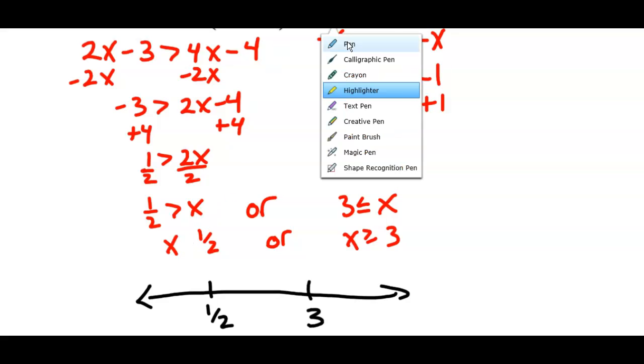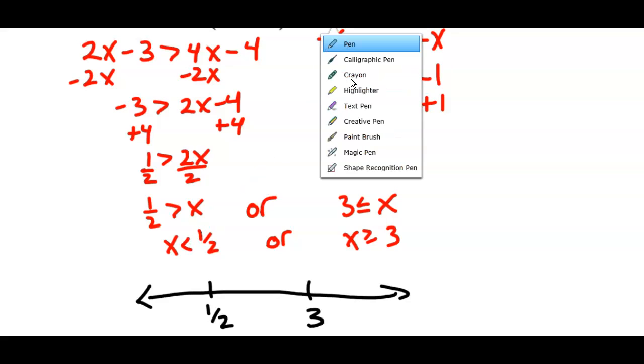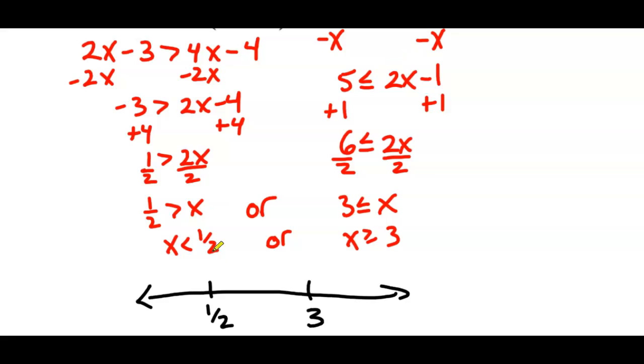And that is one of the disadvantages of rewriting it, in case you make that mistake. So we have x is less than 1/2, so shading to the left. And then x is greater than or equal to 3. Right? So I graphed each solution set separately. We're connected with an or, so we're going to put both of these solution sets on the number line at the same time.